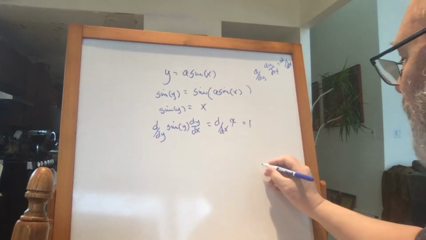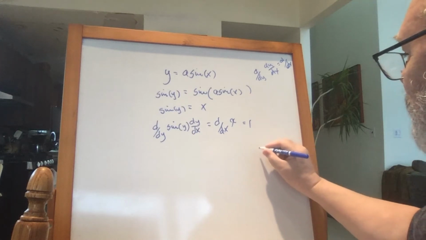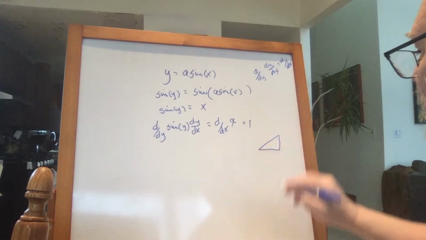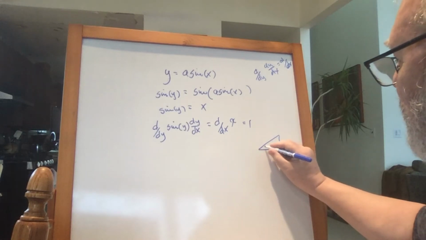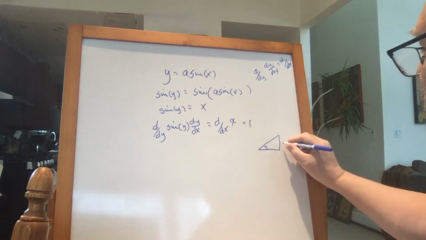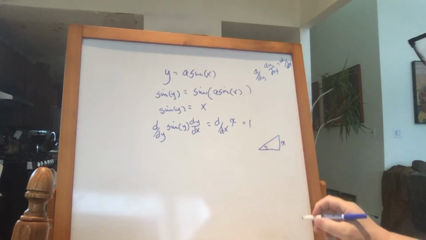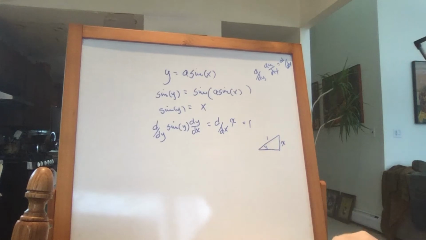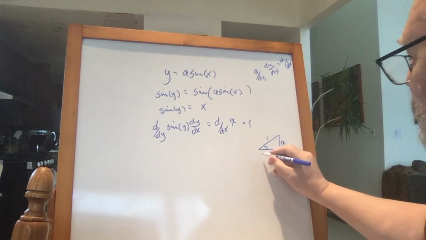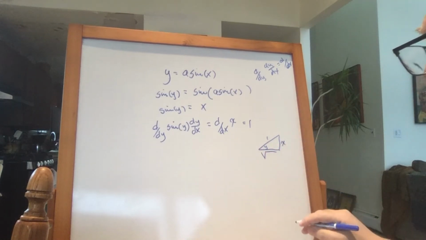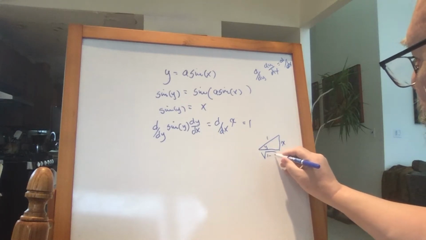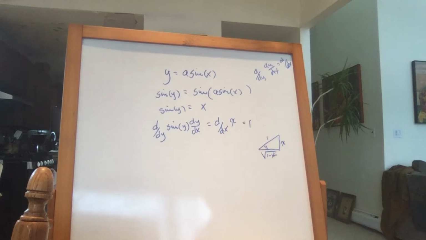You say sine of y. So you take a little right triangle and you say the sine of y is x. Well, the sine of y is x over the hypotenuse, 1, and then use the Pythagorean theorem, and you get square root of 1 minus x squared down there.